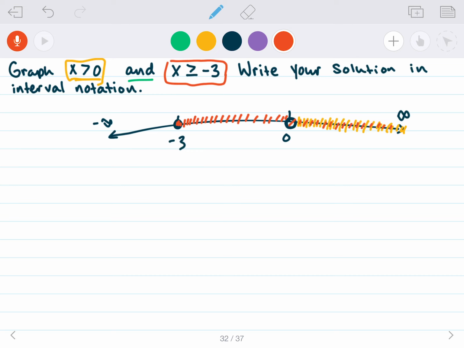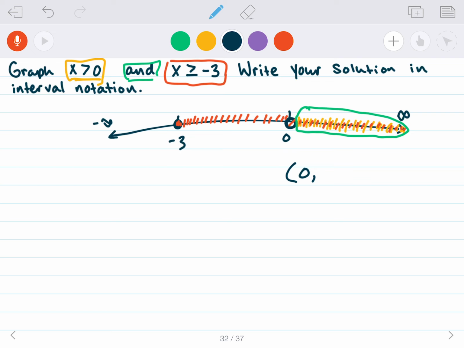Okay. But for our solution, since we have "and," we're only going to include the parts where they overlap. Now, they don't overlap at 0 because there's no yellow shading on 0. So to say that we're not including 0, we're going to put the parentheses, we're going to start at 0, but everything to the right of 0 is valid.